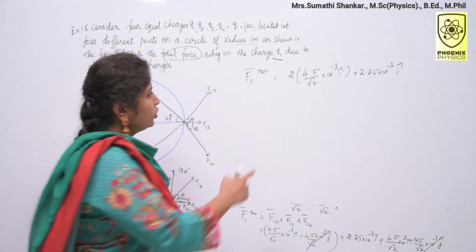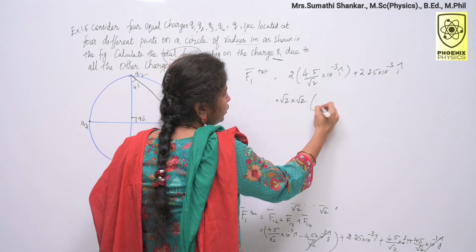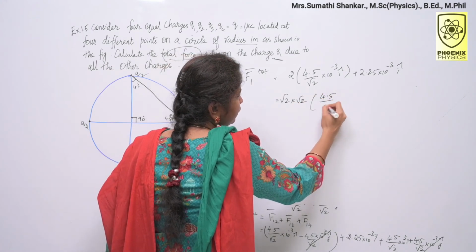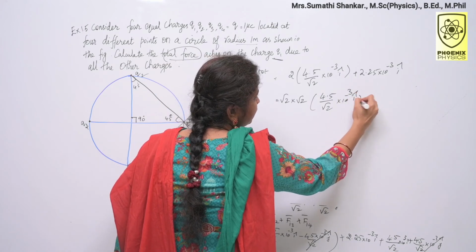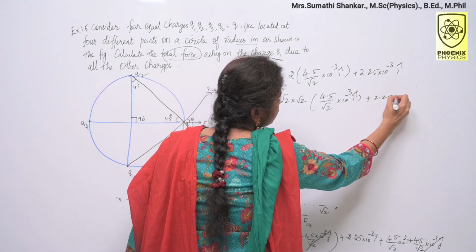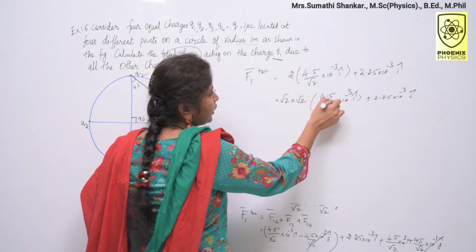So how do you write this 2? Root 2 into root 2 into 4.5 divided by root 2 into 10 to the power of minus 3 i cap plus 2.25 into 10 to the power of minus 3 i cap. So cancel this root 2.